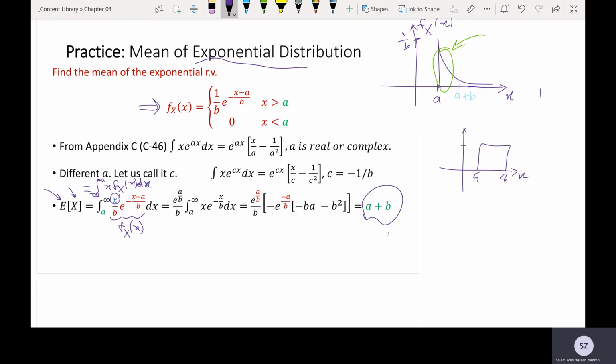What is this value, guys? 1 over what? 3. 1 over 3 because 8 minus 5 is 3, and the area under the curve is 1. Now what is the average here? What is the expected value of this?